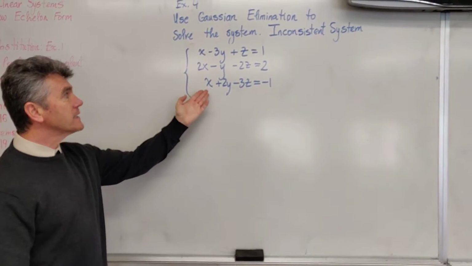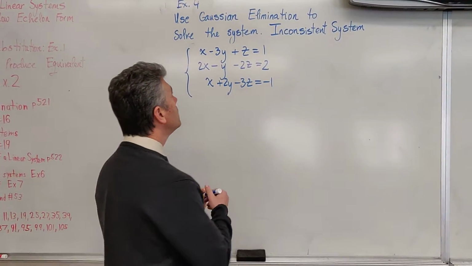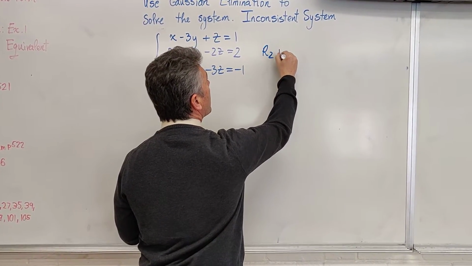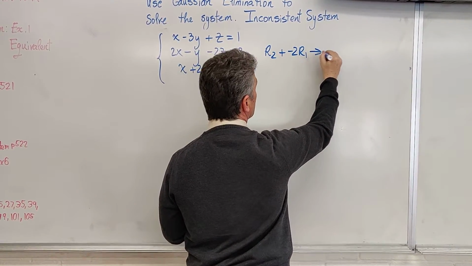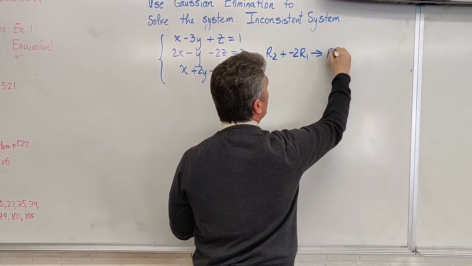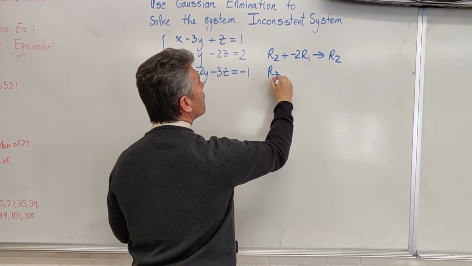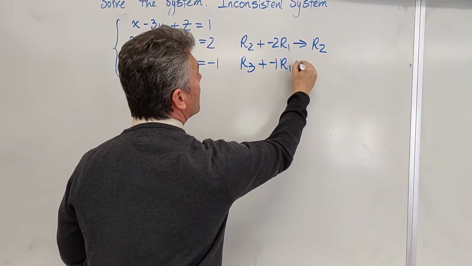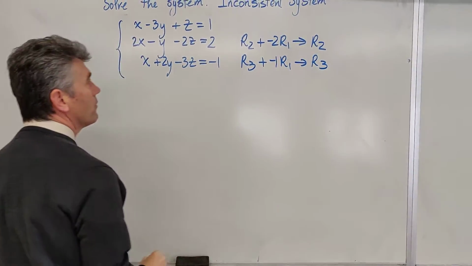Get rid of the 2x and get rid of the x from the second and third row. To do so, take row 2 and add negative 2 row 1 to it, and that will give us our new row 2. Take row 3 and add negative 1 row 1 to it, and that will be our new row 3.